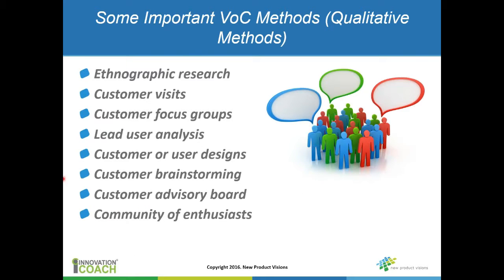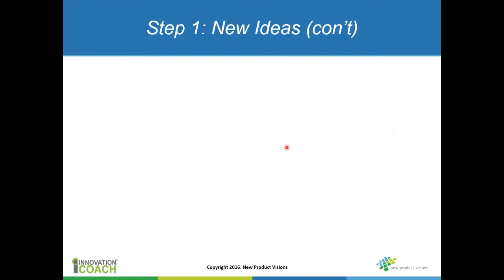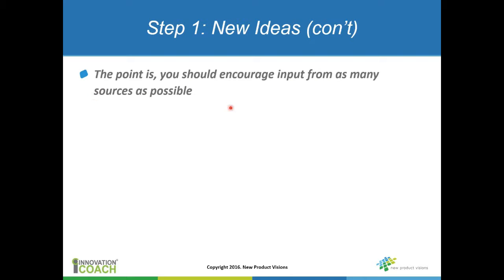There are some important voice of the customer methodologies, particularly some of the qualitative methods that we use in order to get good ideas particularly from our customer base. It's really outside of the scope of what we're talking about today, but the point is that ideas need to come from many, many sources, and you need to encourage that.